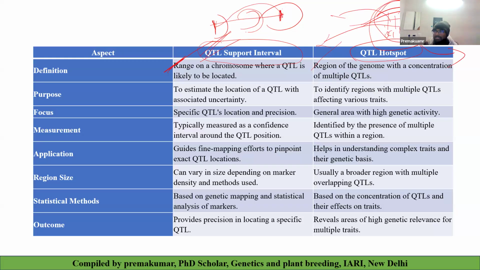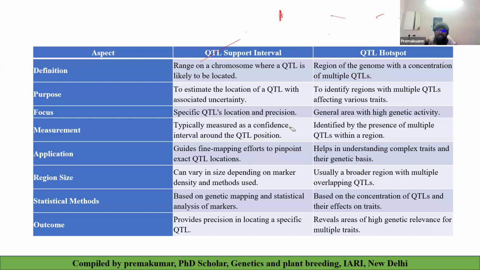Many QTL hotspots have been identified. Search for one landmark paper, QTL hotspot in chickpea by Rajeev K. Varshney. If you read that paper, you will get everything about QTL hotspots and their importance in plant breeding.